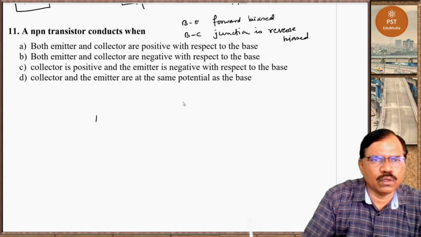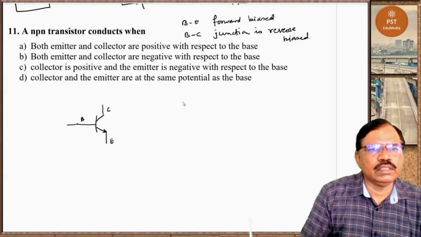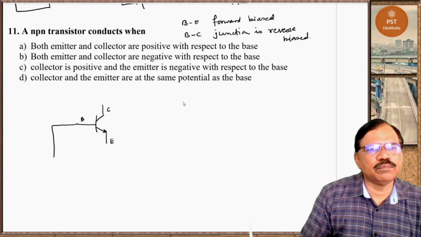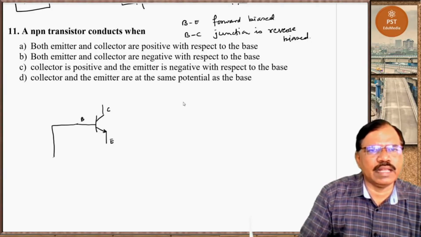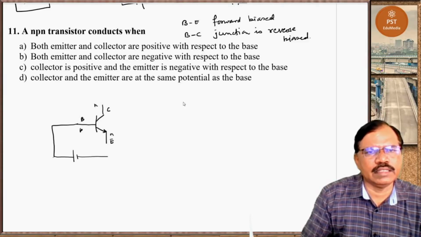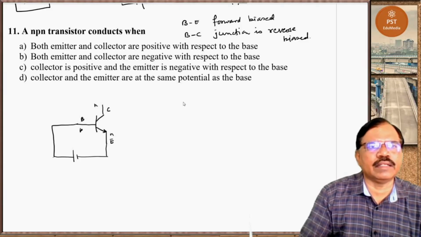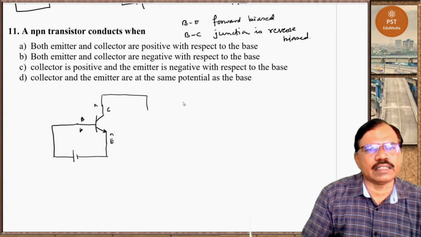So we have the symbol for NPN transistor. This is the symbol. Now this is emitter, this is collector, this is base. So here, since base emitter junction is forward bias, base is connected to positive of battery, emitter is connected to negative of battery. And here we take generally output in the collector circuit.